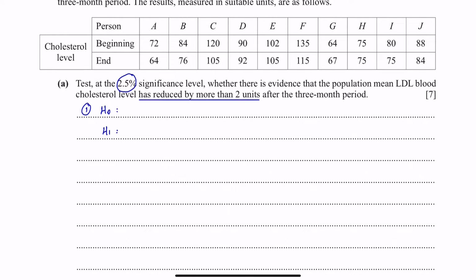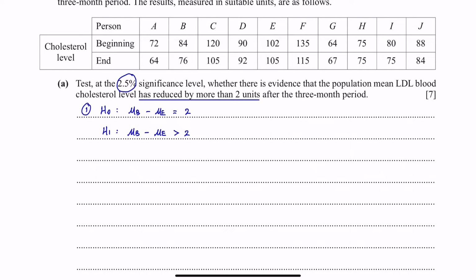So the null hypothesis would be the mean in the beginning minus the mean at the end equals 2 units. And the alternative hypothesis would be the mean in the beginning minus the mean at the end is more than 2 units.